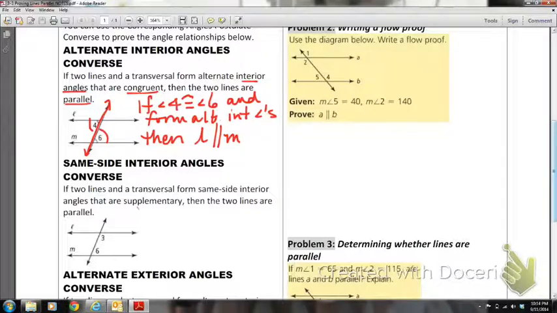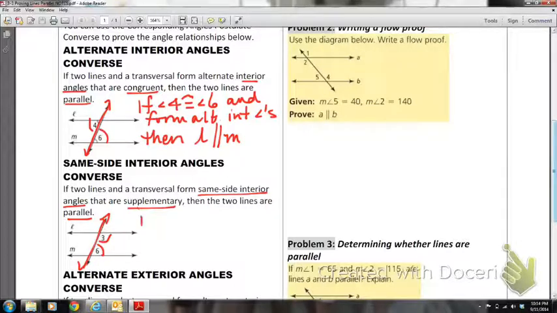In the next one, the same side interior angles converse. If two lines and a transversal form same side interior angles that are supplementary, then you can state that those two lines are parallel. So once again, you have a transversal. You have two angles here, 3 and 6, that are same side interior angles.